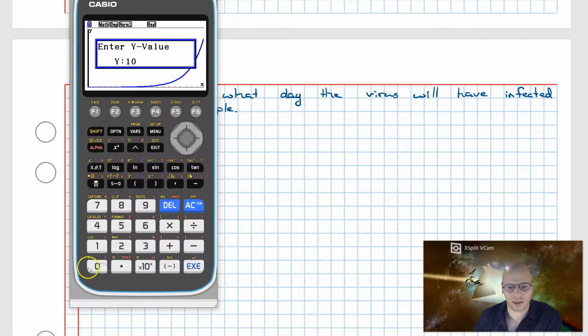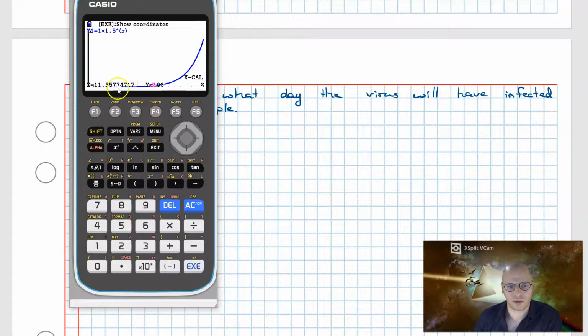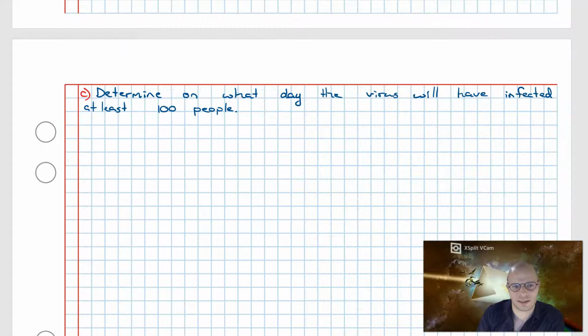We put in 100, and lo and behold, it tells us that when we've got 100 infected, it's on day 11.358, or let's say day 11. And we'll specify 0 decimal places.